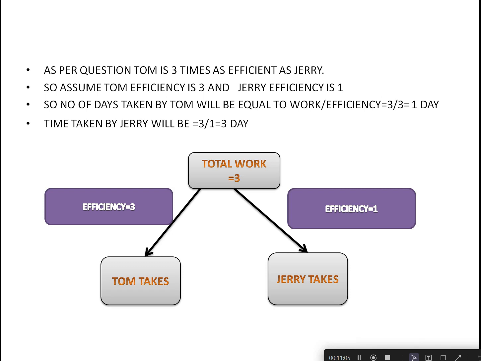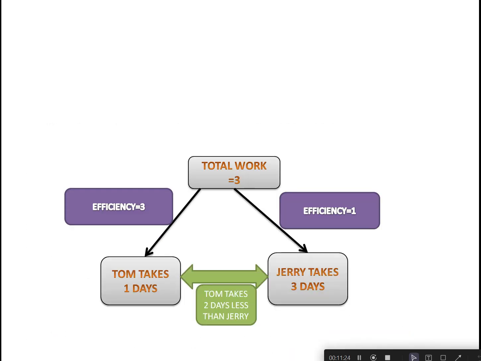He will take only 1 day. And Jerry will take, to do the same work, the total work upon the efficiency of Jerry. The efficiency of Jerry is 1. So Jerry will take 3 days to do a work of 3 units. So here we can see that Tom takes 2 days less than Jerry if the total unit of work is 3.